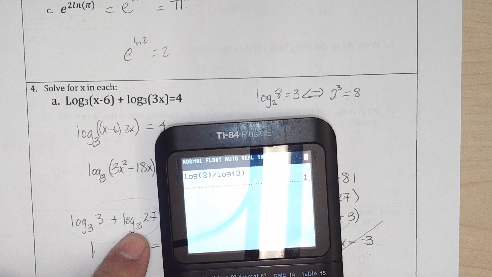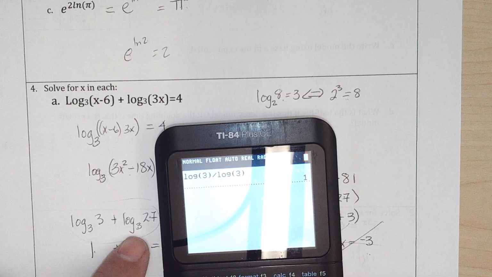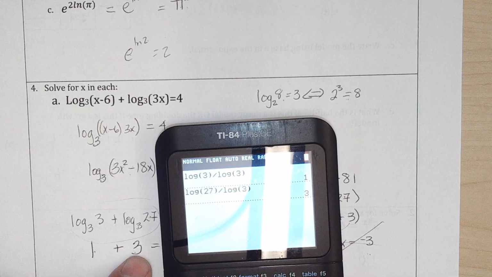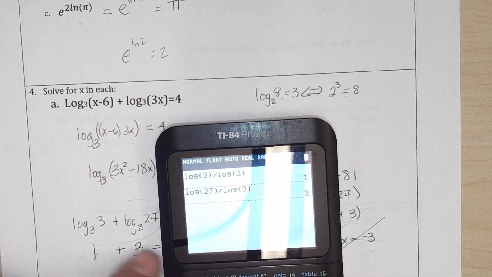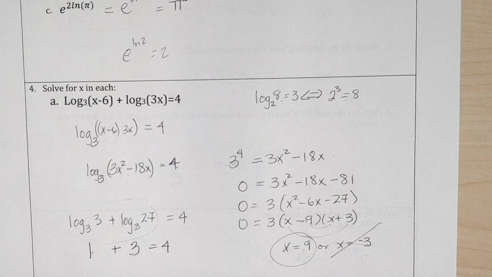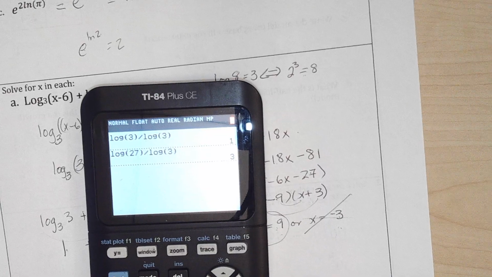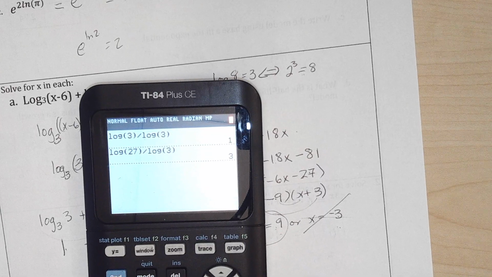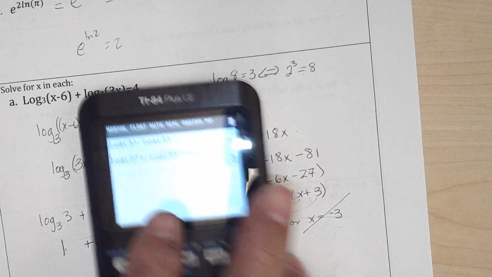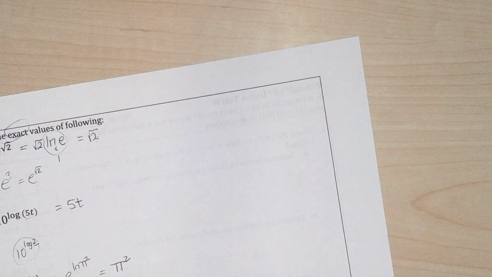Now over here, I would do log 27 divided by log of 3, log of the base, and that should be 3. And 1 plus 3 is 4. Can you see that? That's kind of a fraction there. That's the 2 that I typed in. Okay. Next page.